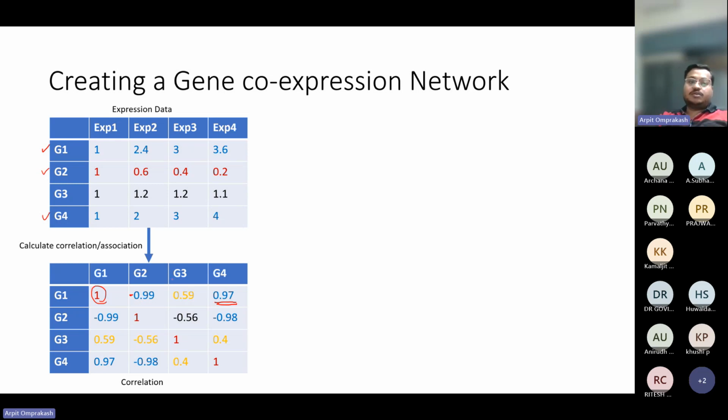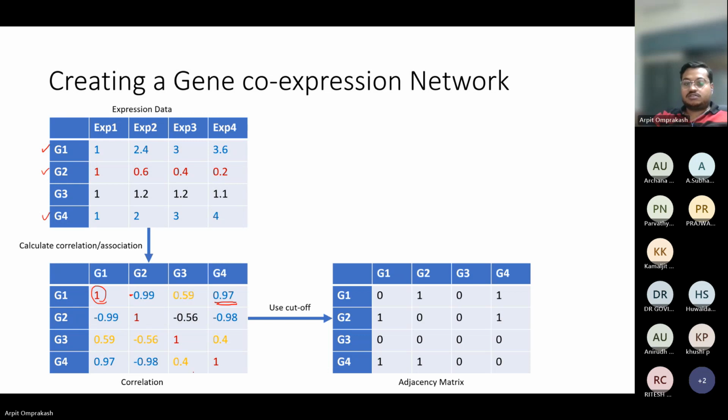Then we put some threshold. When we are making a graph, we don't want edges from one gene to the same gene, so these red values will anyway be set to 0 when we are making an adjacency matrix. Okay. Then we set a threshold of 0.9. So if the correlation is greater than 0.9 or less than minus 0.9, we basically put an edge there.